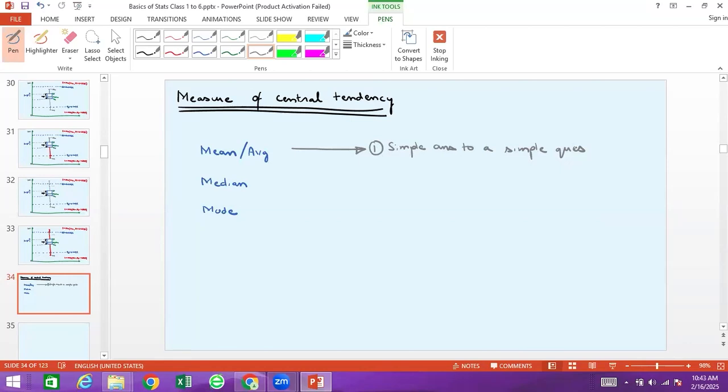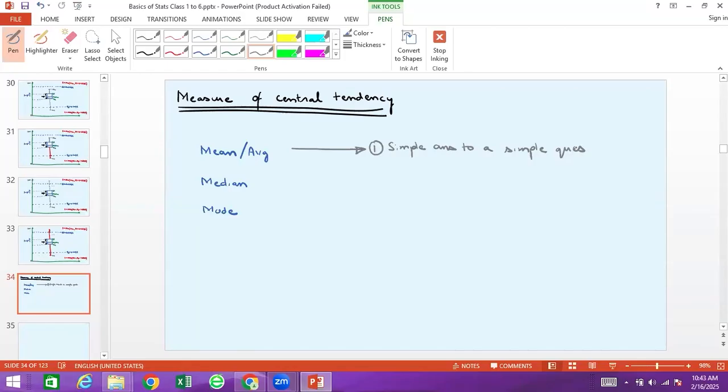I can simply say that, okay, on an average, we have sales of 2 crores per month. It is a simple question he asked. I gave him a very simple answer. So whenever you want to give a simple answer to a simple question, you can simply use an average. That on an average, these many orders we are getting.